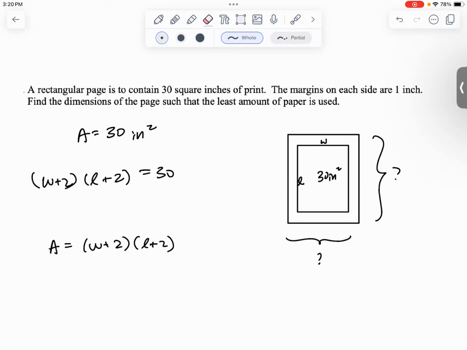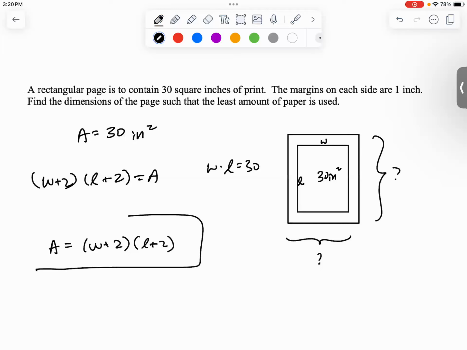Oh, no, hold on, my bad. That's A, sorry, that's not 30. W times L is 30. So the print area, which is width times length, is 30. But if you include the 2-inch margin, that would be the actual dimension of the page. So we are going to find a derivative because we want to find out where A prime is going to be equal to 0.